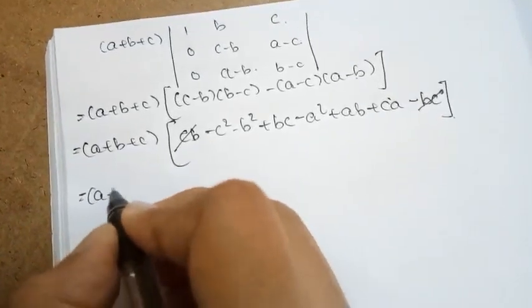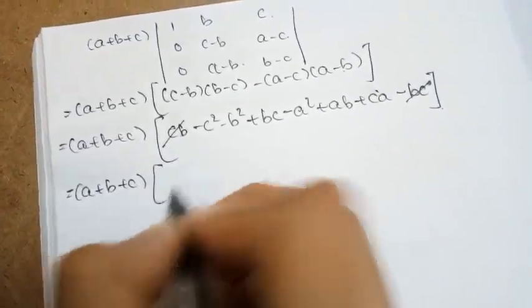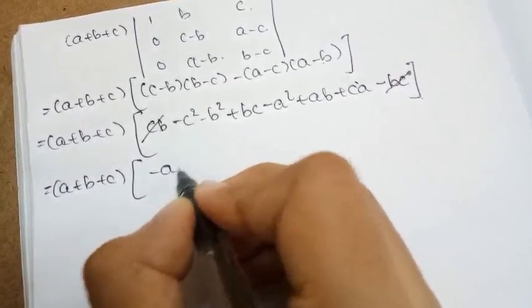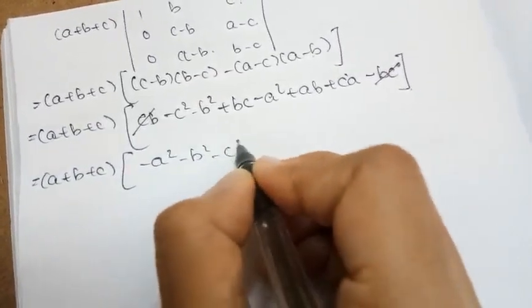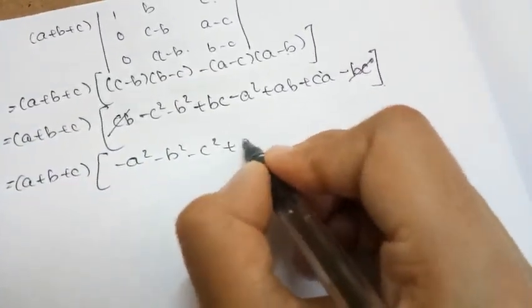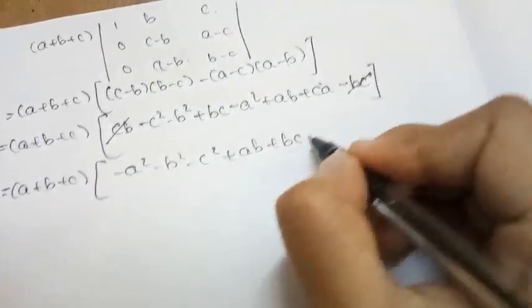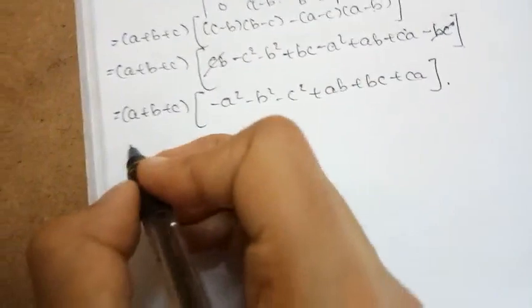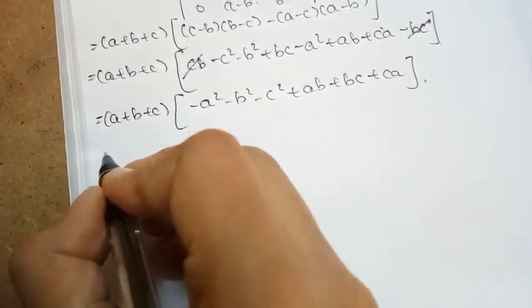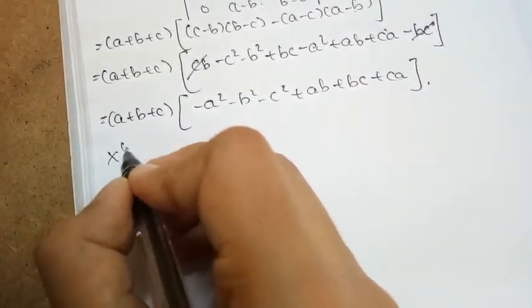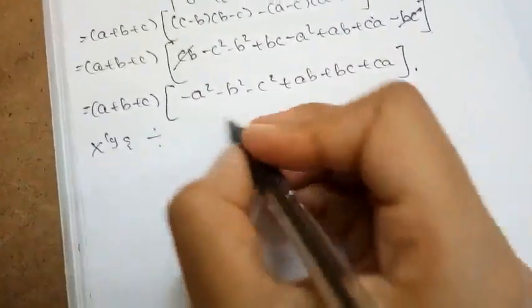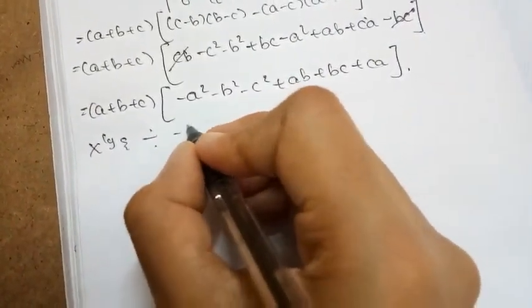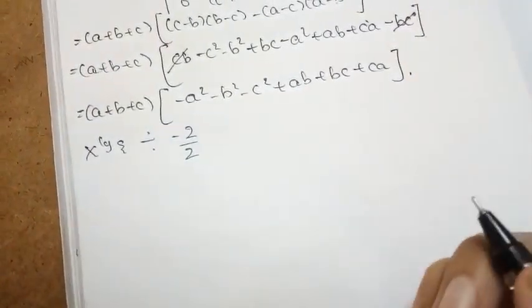So what is remaining now? a plus b plus c into minus a square minus b square minus c square plus ab plus bc plus ca. These things are remaining. For this I am multiplying and dividing by 2.